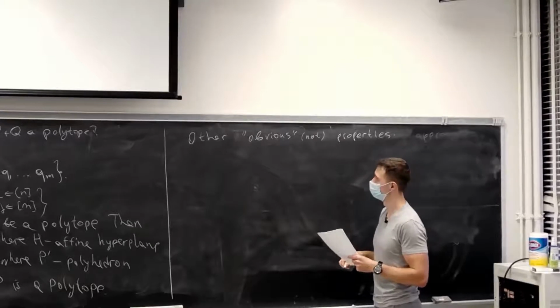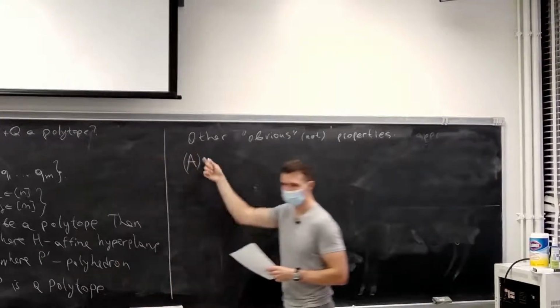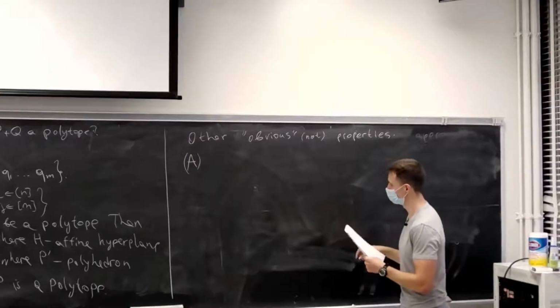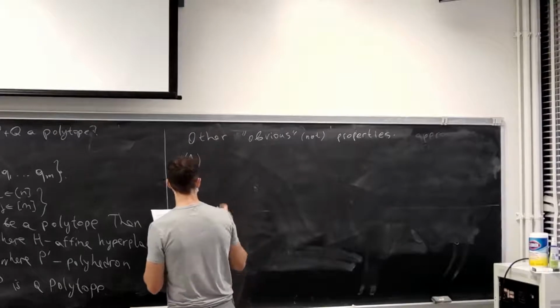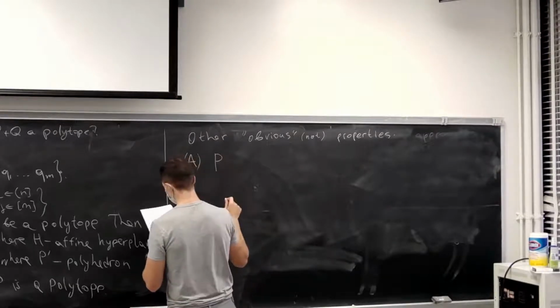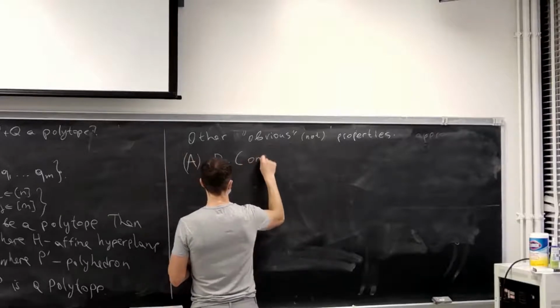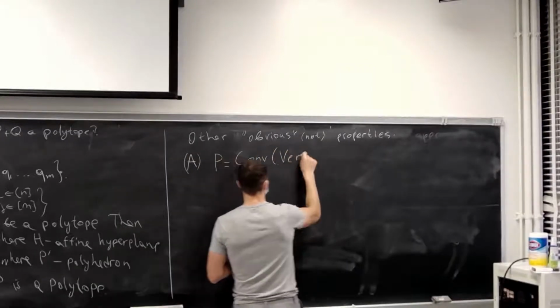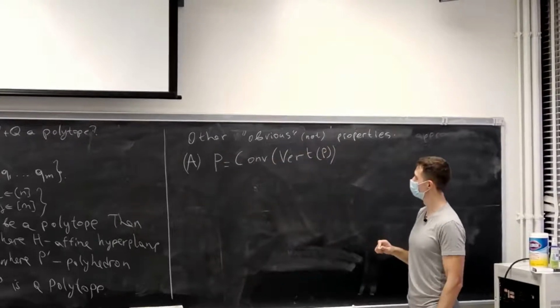And so I'm going to give you property A, and feel free to use them in the proofs in the homework if you want. I'm going to use them freely. So here's an example of an obvious, but actually not obvious, property. P is the convex hull of the set of its own vertices.